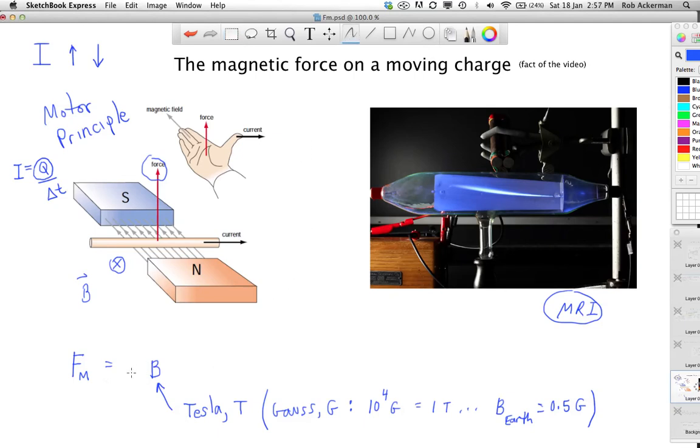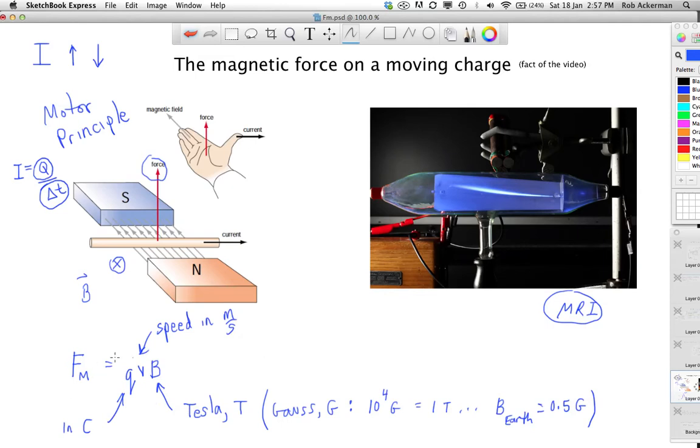So there will be the letter Q in there for a single charge, and this will of course be in coulombs. We look at the charge that is moving through the magnetic field, but we also have the idea that it's got to flow and move in time. So what ends up coming into this formula is V, not as in voltage, but as in speed. That's where we get the idea of current coming in here. All right, so this will be in meters per second.